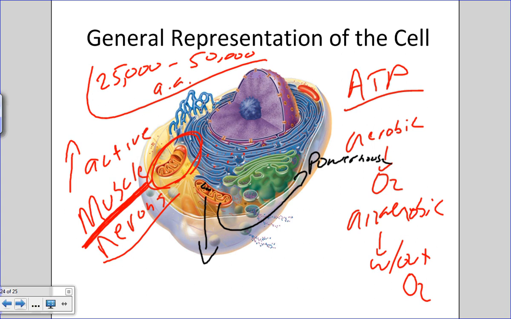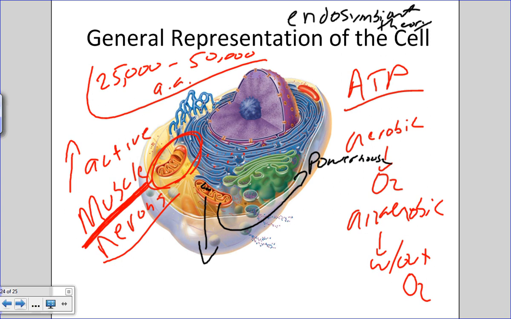There's a theory called the Endosymbiont Theory that describes the beginning of where these complex animal cells came from, from the fusion of a mitochondrion and other parts to make a cell. I'm not going to talk about that because it's not really relevant to this topic, but it's something interesting. Look it up, the Endosymbiont Theory. I'll write that down for you. So that's what mitochondria do for you.